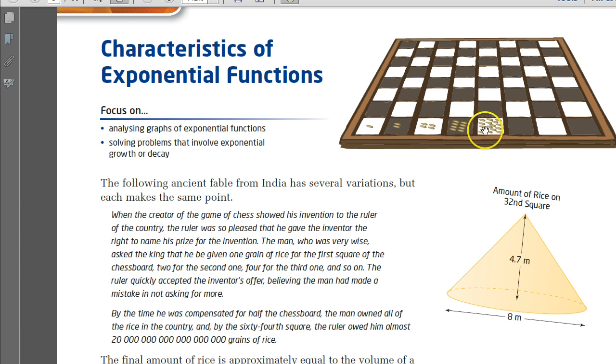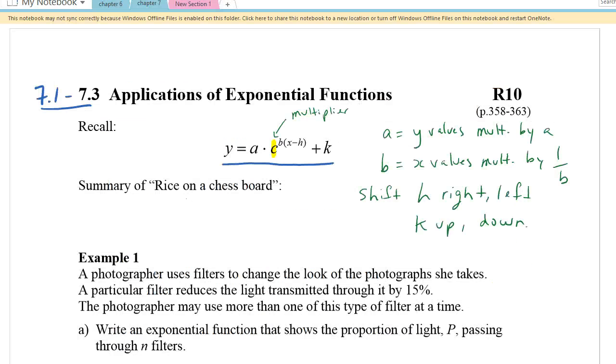So it gets multiplied each time. The ruler thought, hey, this is a great deal. He accepted it without really doing the math, and it turns out that it's a big pile of rice. On the 32nd square, if you were to make a pile, that's the kind of size it would look like.